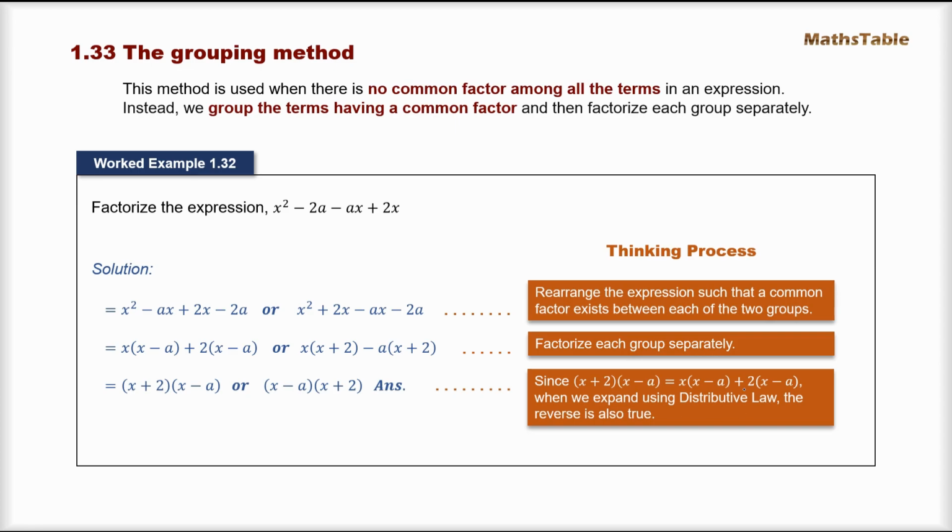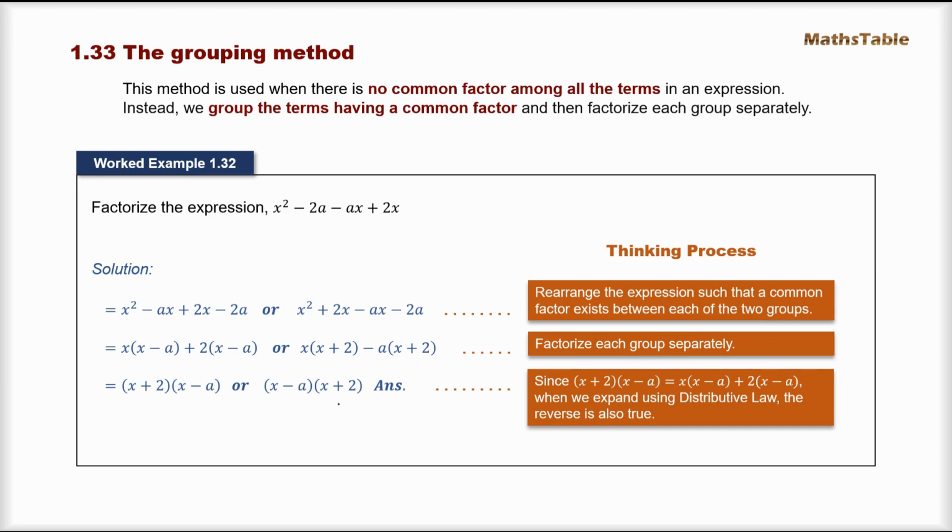So if we have two same brackets present in both of these groups, we can do the reverse process like this. And hence we get the final answer, x plus 2 and x minus a, just like we used to do in the expansion case.